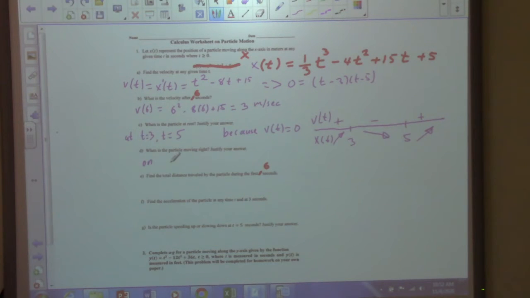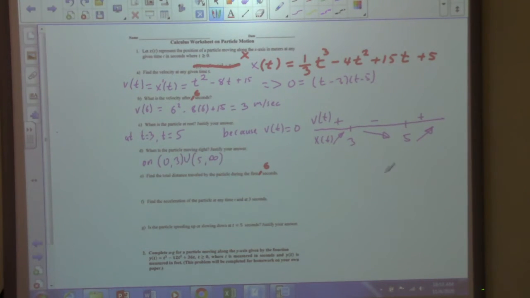On which intervals? From 0 to 3, and also 5 to infinity.